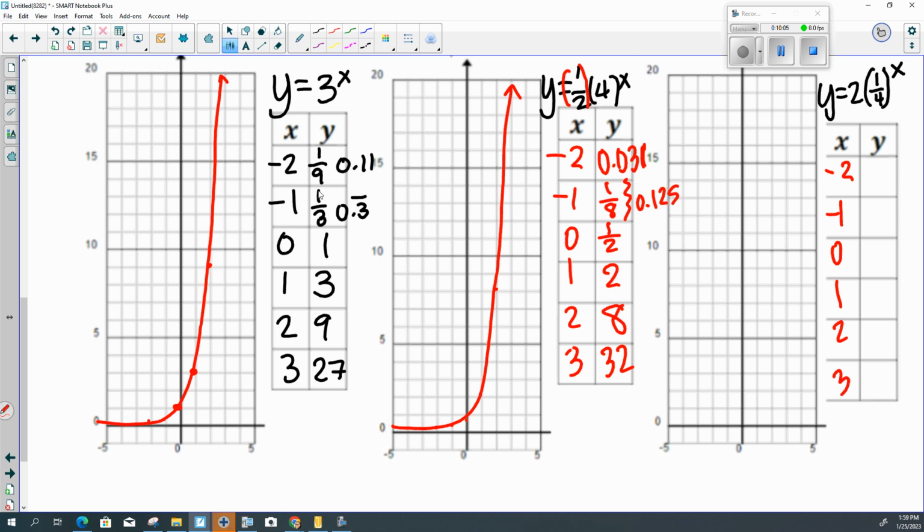The power of 0 is 2. The power of 1, I think it's a half. Is this times 4? So what are you getting? I don't know actually, is that an eighth or a fourth? I don't have my answer key.